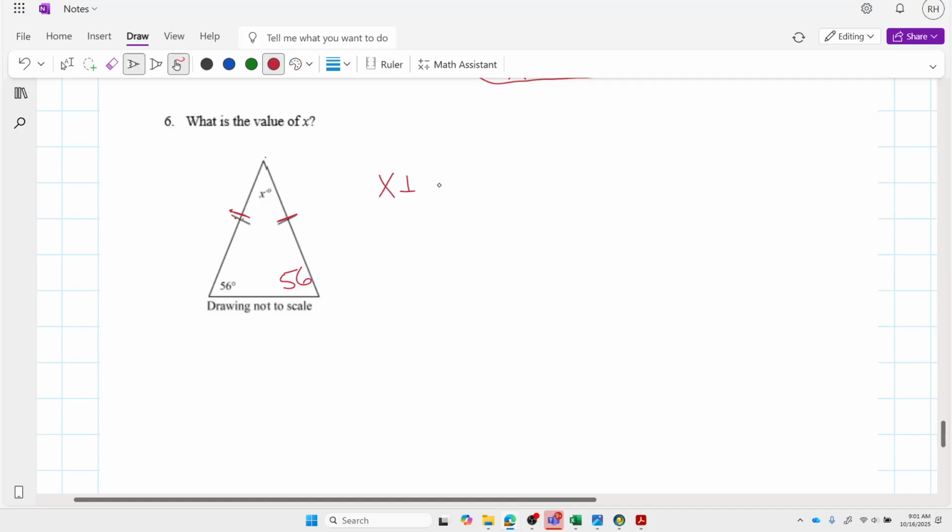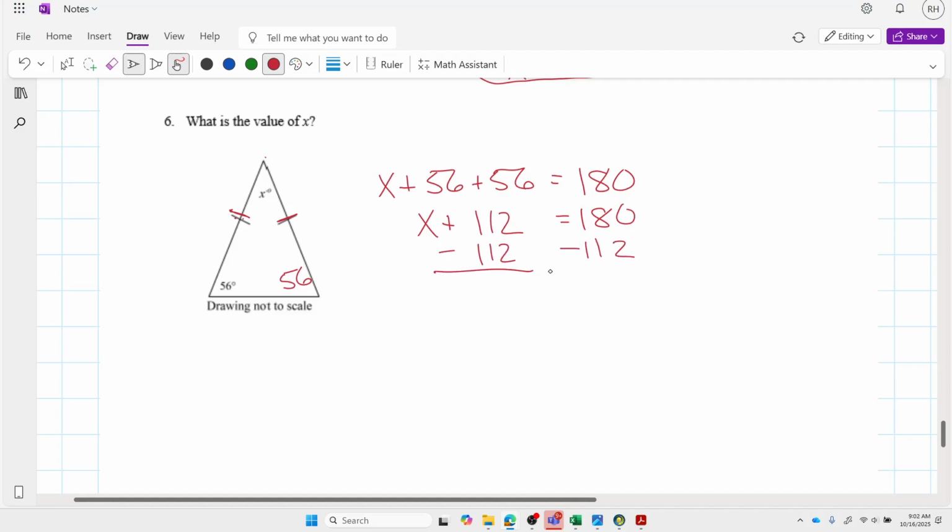So x plus 56 plus 56 equals 180. So x plus 112 equals 180. Subtract 112, and x equals 68 degrees.